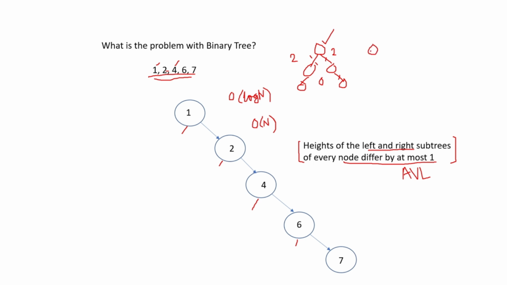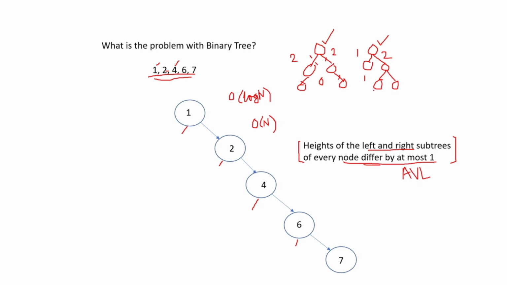Now suppose you have a tree structure like this. Now the left subtree has a height of 1 and the right subtree height is 2, and the difference between the subtrees is 1, therefore at most by 1, therefore this is also an AVL tree.